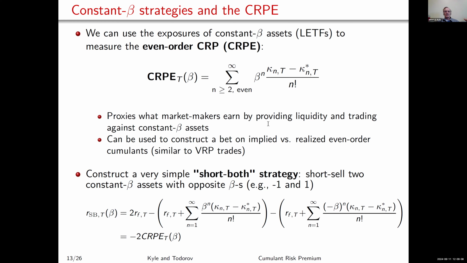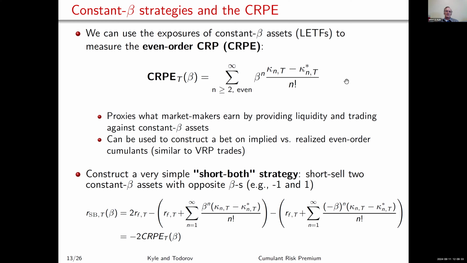If they do that, they are actually doubling up on the even order cumulants. And if the even order cumulants have a negative risk premium, that market making strategy should be profitable because you're shorting both of them. So you're betting in a way that's kind of against the even order cumulants.